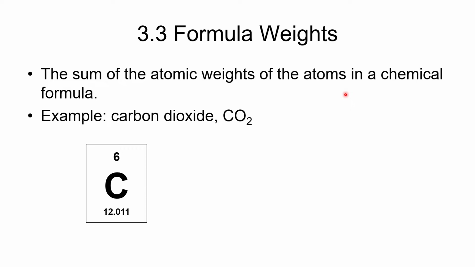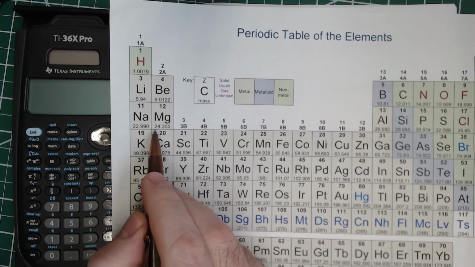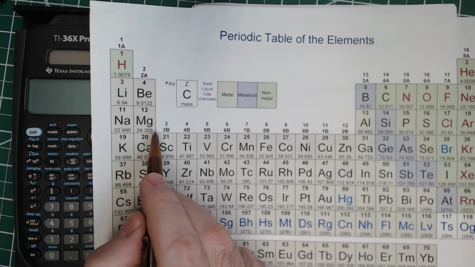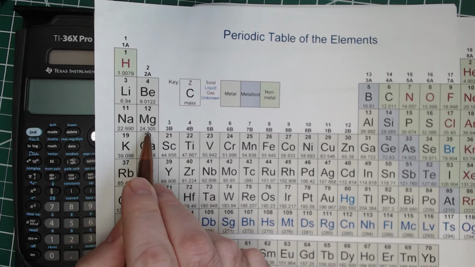The reason I include at least the tenths place, and I always include the hundredths place when I'm doing these, is that there are some elements where it's not really close to a whole number. And I'm just going to show you one real quick where it's not very close to a whole number. Magnesium. Magnesium is 24.305 or about 24.31.